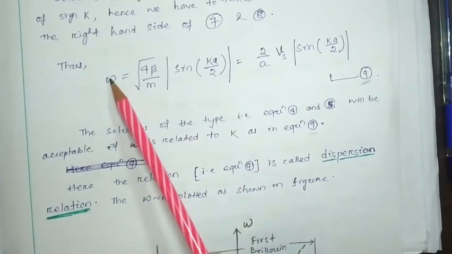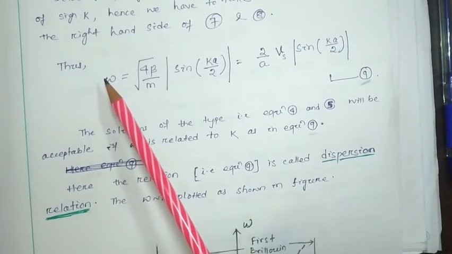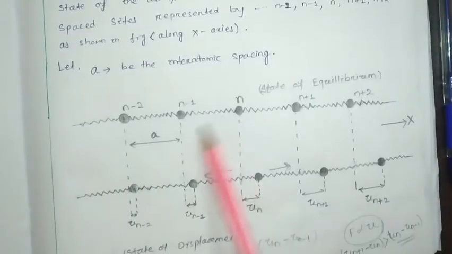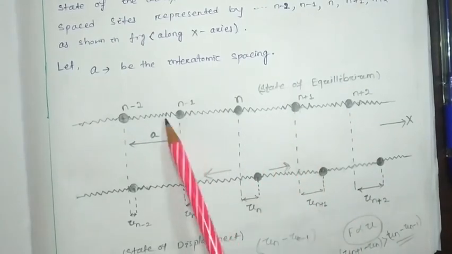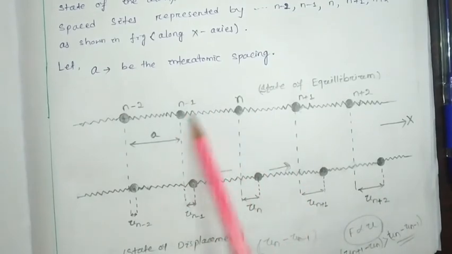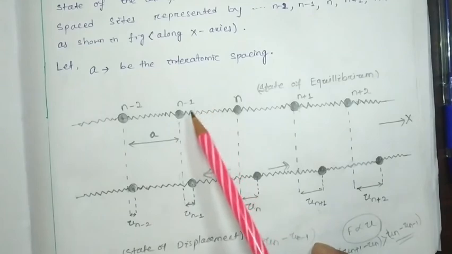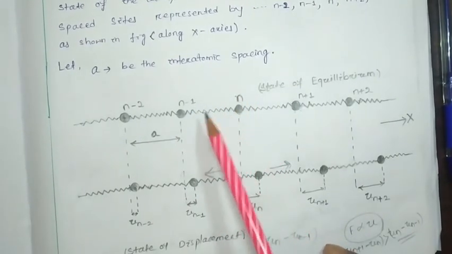Each and every site oscillates with that frequency, and due to simple harmonic or periodic motion, a wave propagates from the sites along a particular direction.